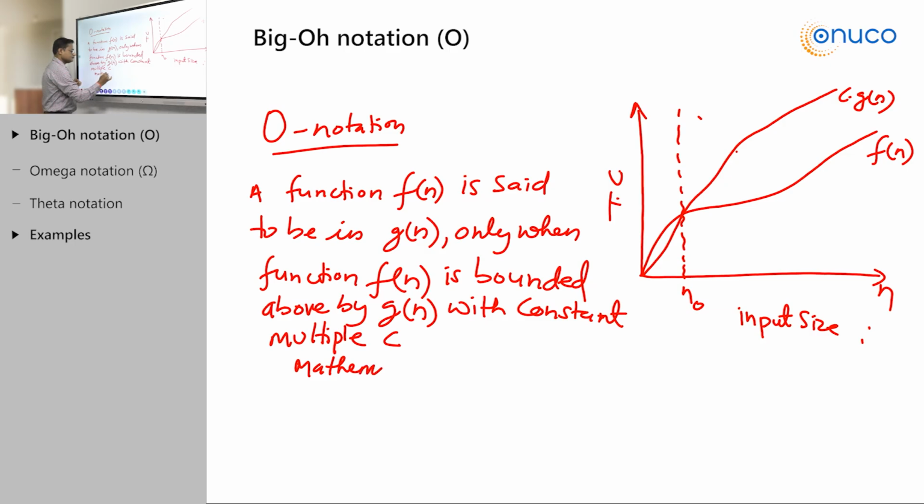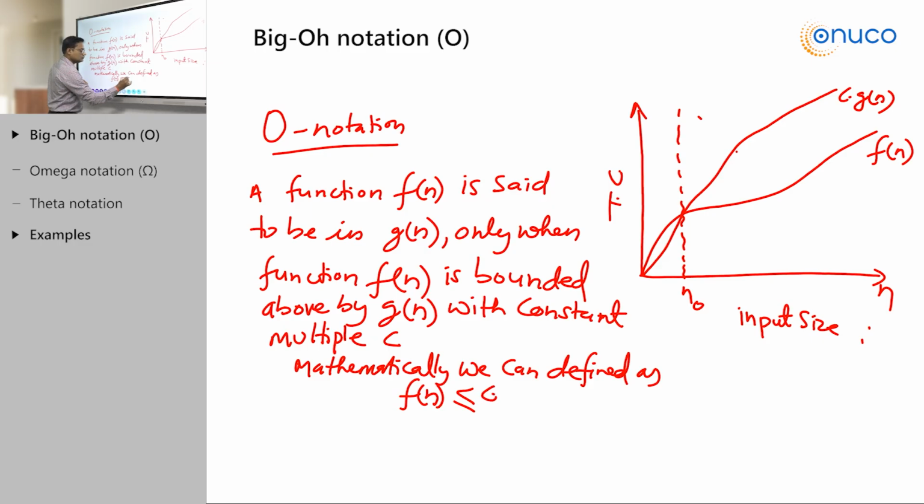Mathematically, we can define it as f of n is less than or equal to c into g of n for all values of n greater than or equal to n naught.